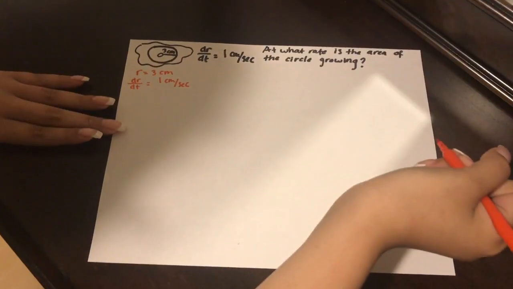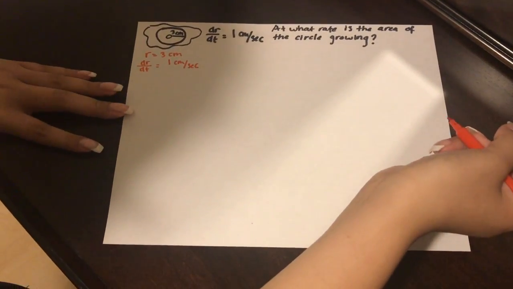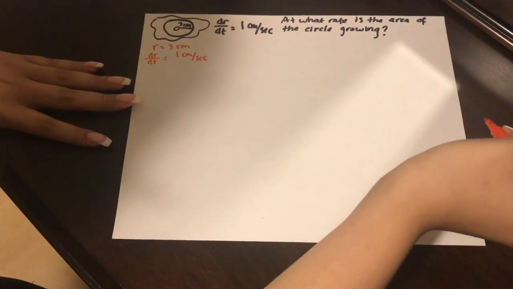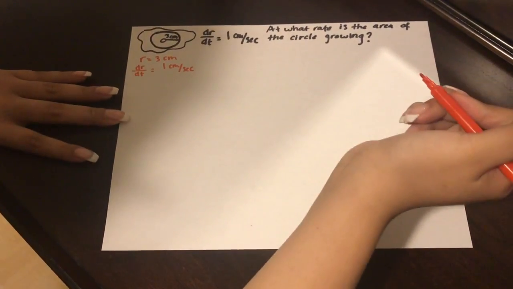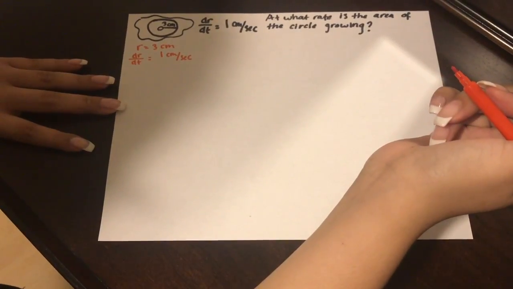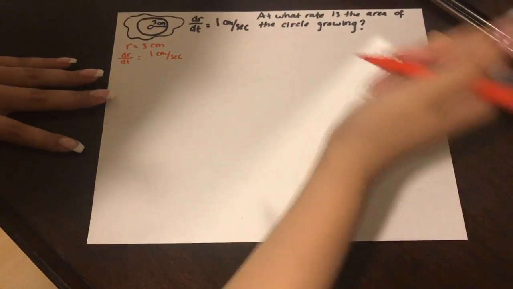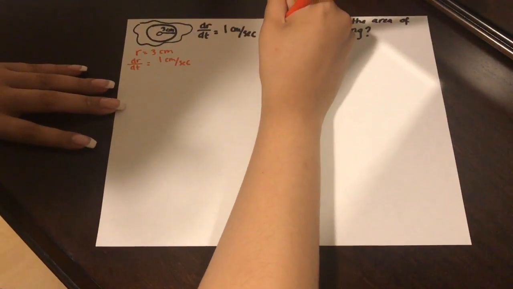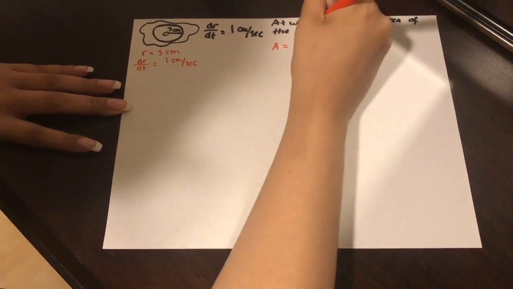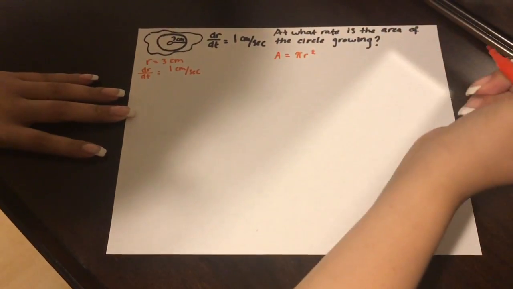Now we have to think to ourselves, what equation will we use for this problem? Since we are trying to find the rate of the area of the circle, we will obviously use the equation for the area of a circle, which is A equals pi r squared.